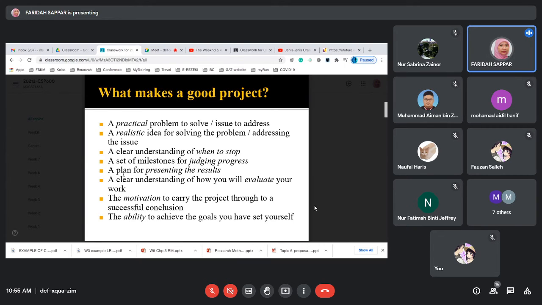But for presenting a result, you need to have ample time to describe in your chapter the things you did during the implementation or development of the project, clearly described in your chapter number 4.